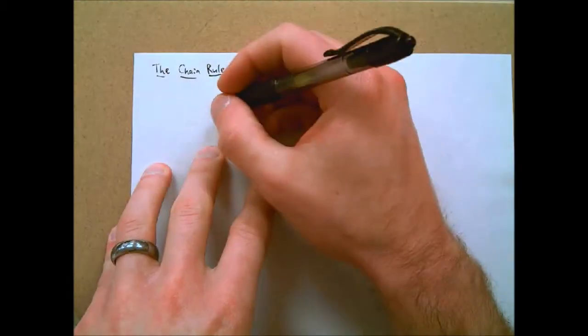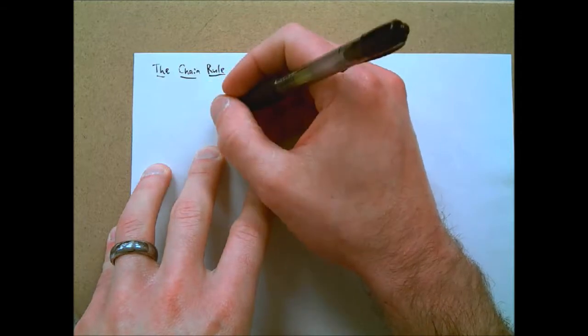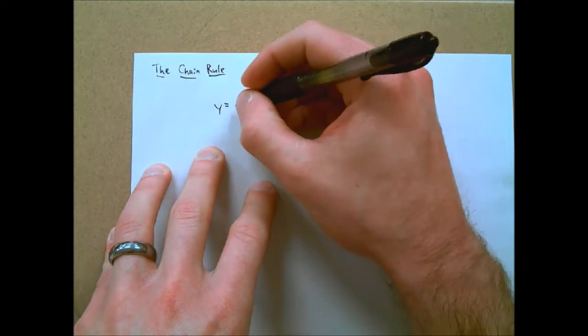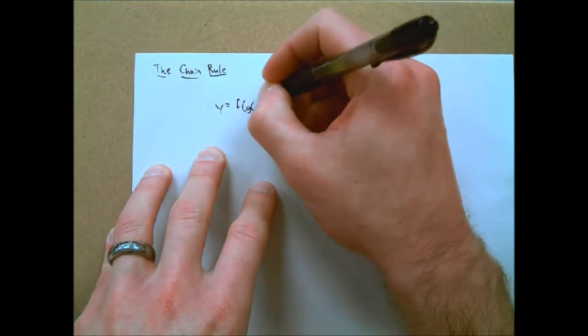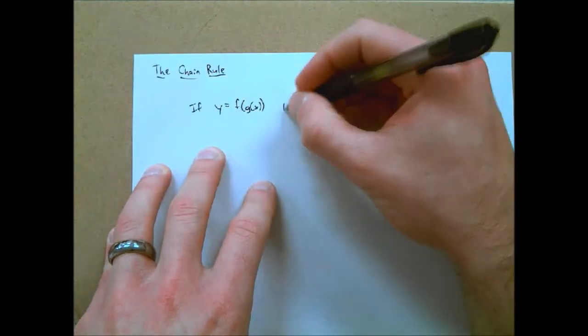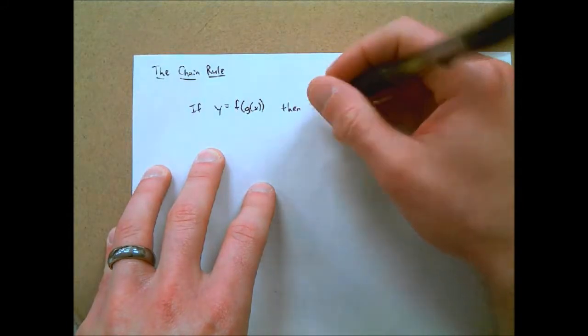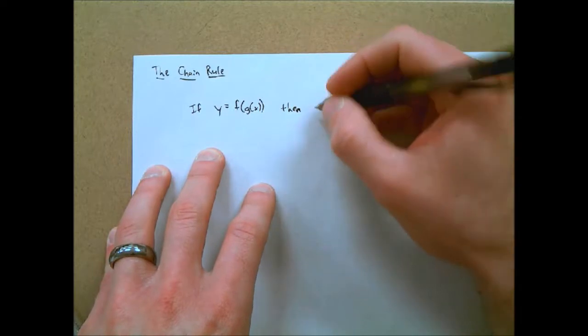Let's just do it this way. Let's say y equals f of g of x. I'm really simplifying this down some, not writing all the gobbledygook, but this is really what you need to worry about for our class.